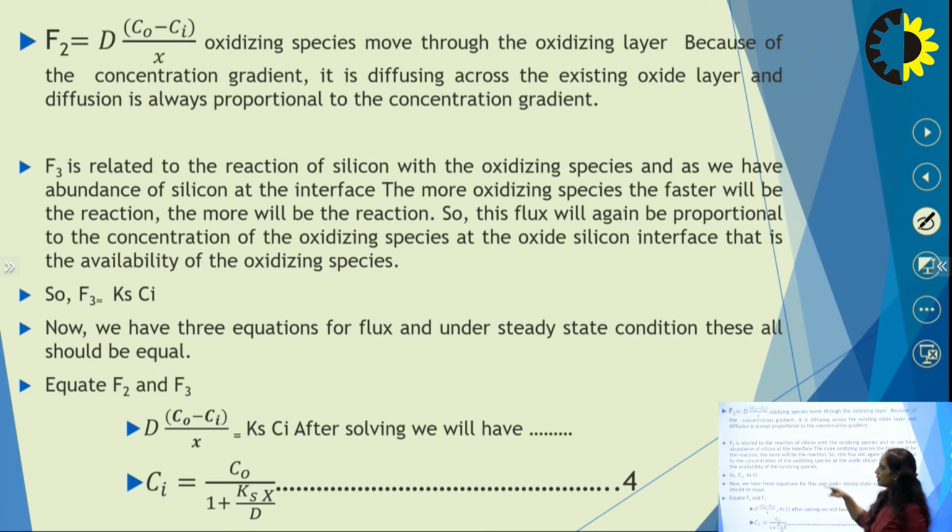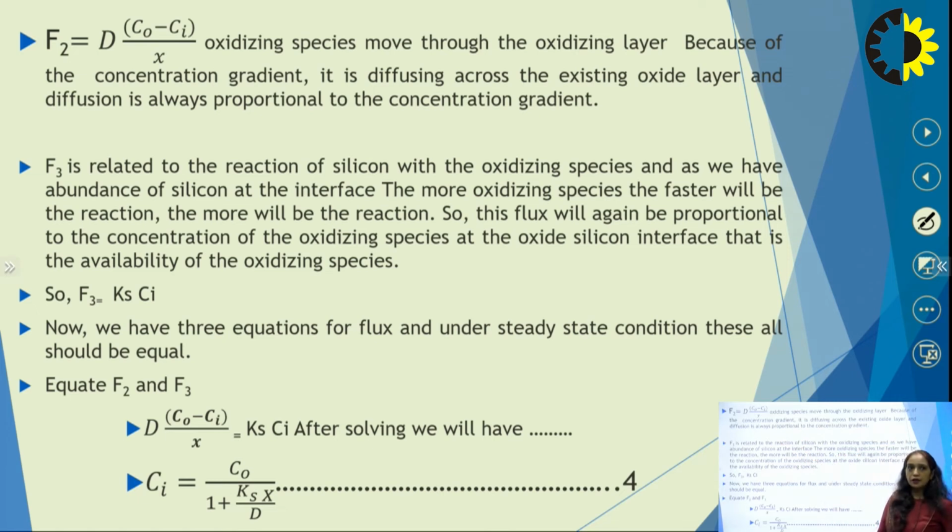We write it as D times C naught minus Ci divided by X. Oxidizing species move through the oxide layer because of the concentration gradient, diffusing across the existing oxide layer, and the diffusion is always proportional to the concentration gradient, that is D.